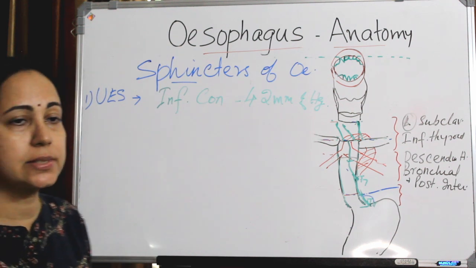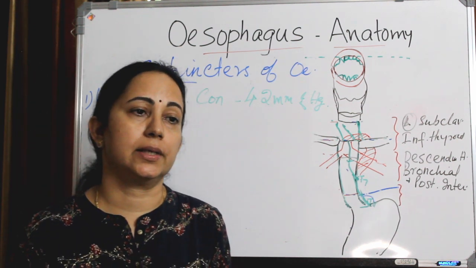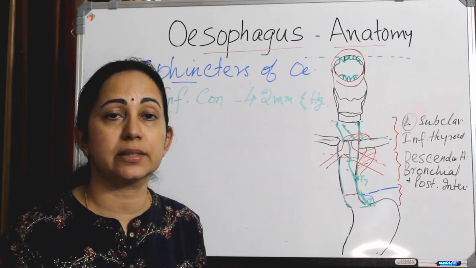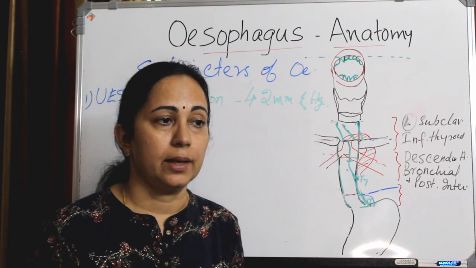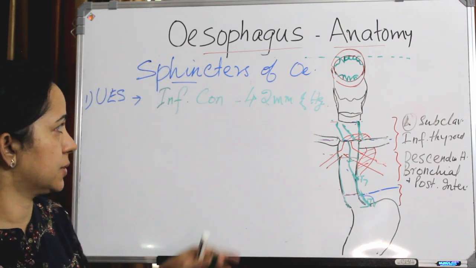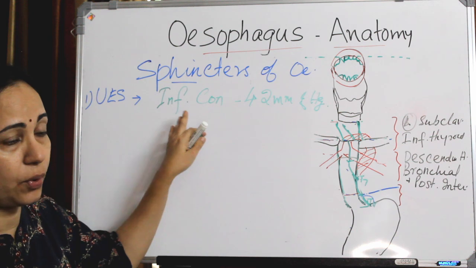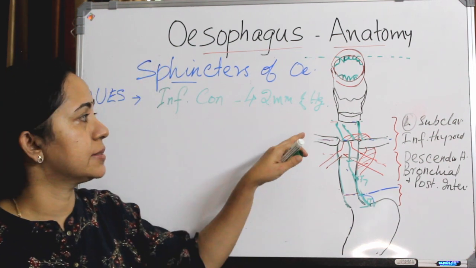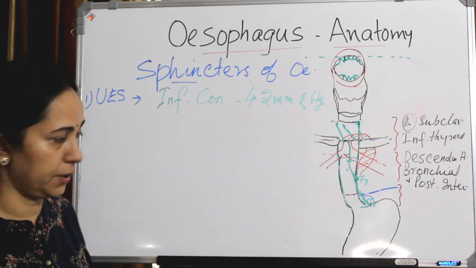Recent literature tells that the upper esophageal sphincter plays the main role in LPRD, laryngopharyngeal reflux disease. So remember that it is formed by the cricopharyngeal part of the inferior constrictor with a basal resting tone of 42 millimeters of mercury.